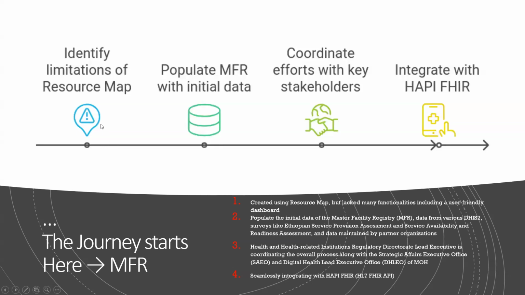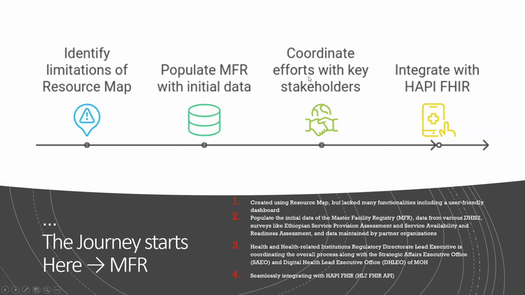The MFR that we had already started used something called ResourceMap. It has its own limitations because it was old technology. Also, the MFR data was populated from different source systems. When we started MFR, we got data from DHIS2 and other agencies. That was also a big problem, because we had a chunk of data in the MFR and we had to clean it up. This required coordinated effort with key stakeholders, and it was a big effort.